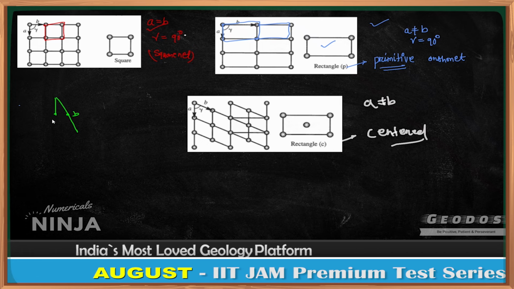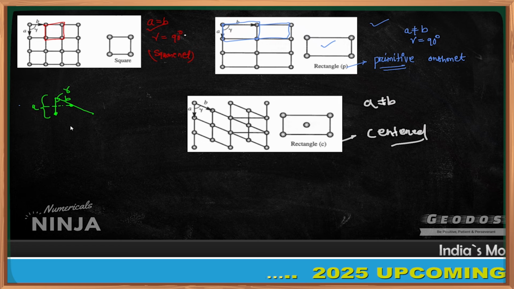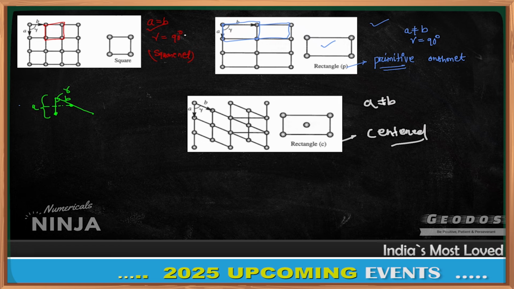This is your A and this is your B, and B will be a little bit longer like this, so it will be connected. This is your B, so the distance will be B. This is your lattice node, this O will be your A, and this one will be your gamma.